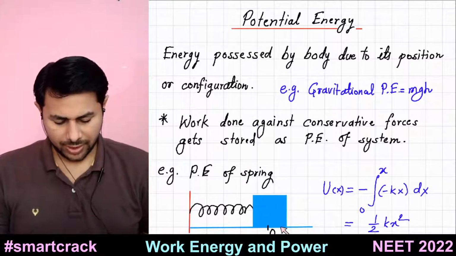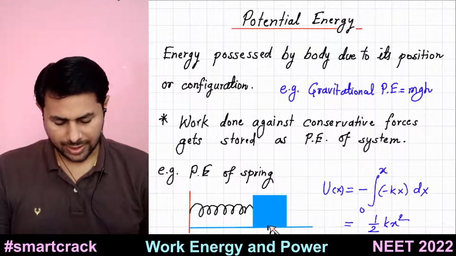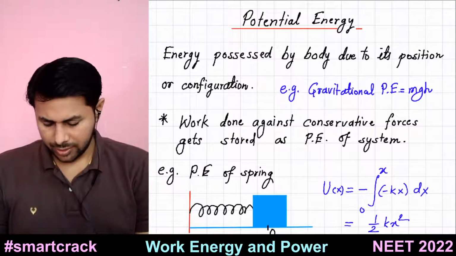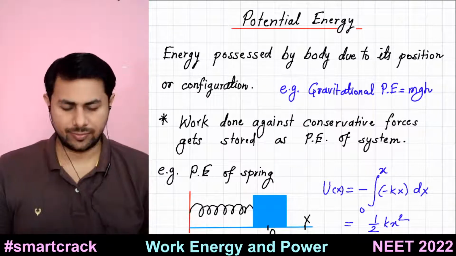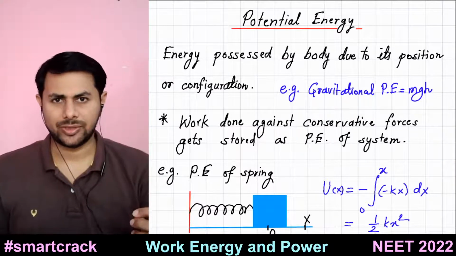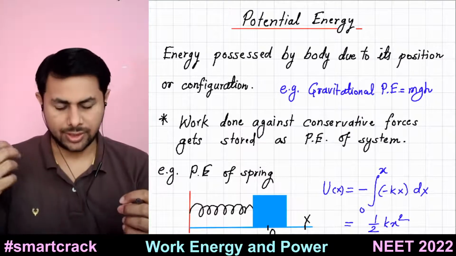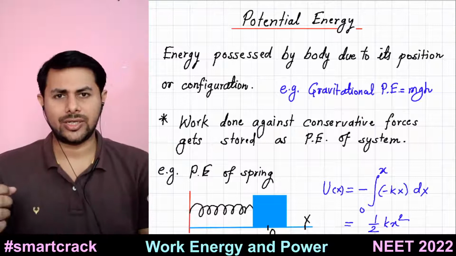If you have a spring block system, with the block at this position O, and you move it from this position, let's say 0 to x, then you have to do some work against the spring force, because the spring force will try to restore it back to its original position, that is 0, and you want to move it away.